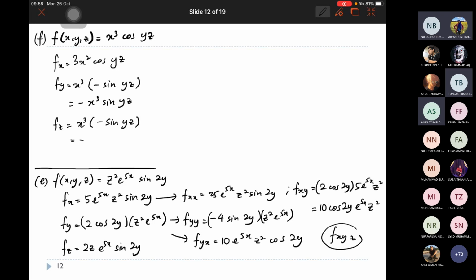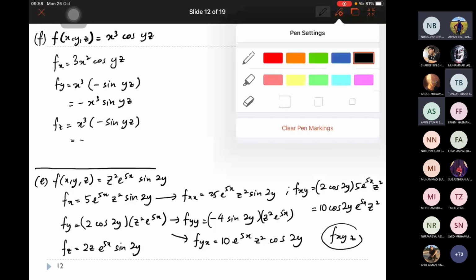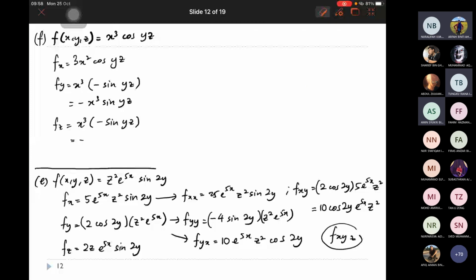Assume constant. Cos yz. Betul lah, betul. Dia akan keluar as a constant. Negative x cube, kita akan assume z sebagai constant. Cos y darab z.